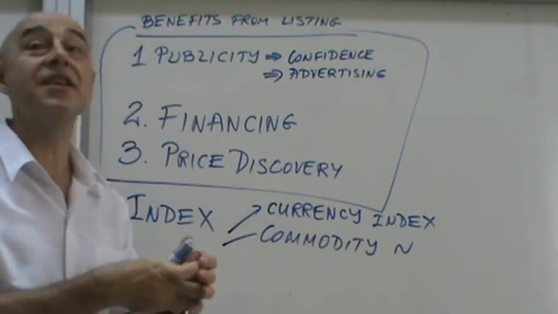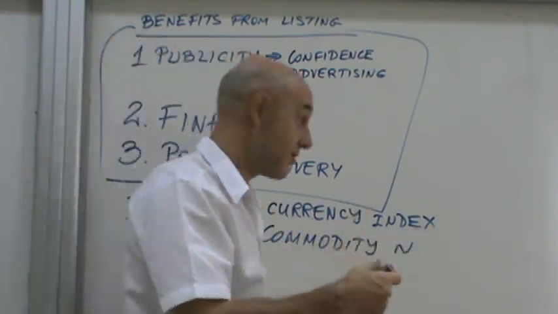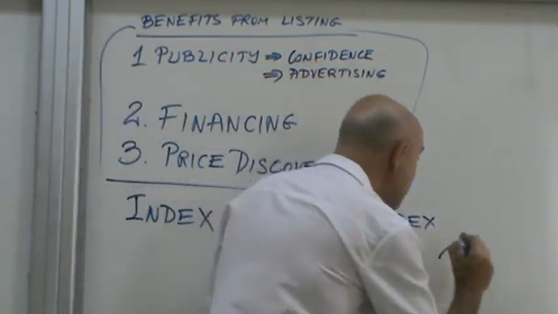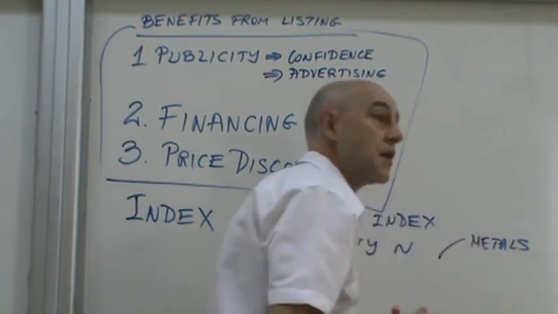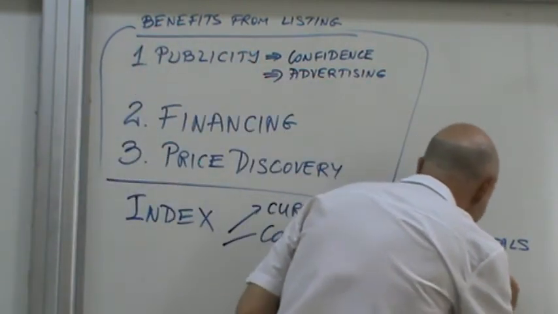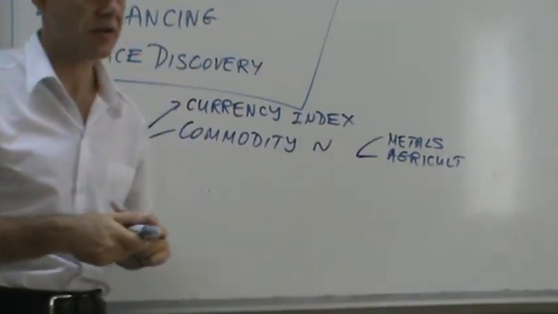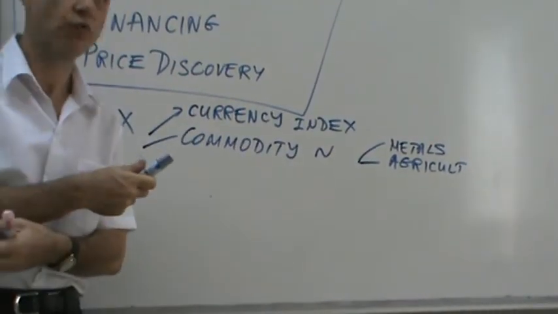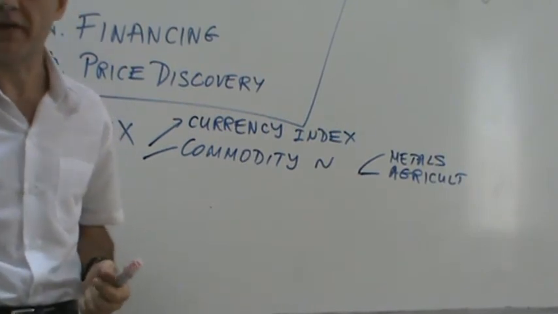So now, commodity indices, right? Let's throw in a little extra. It could be for metals: gold, silver, copper, zinc. They could be agricultural, for agriculture: rice, wheat, corn, whatever, right?